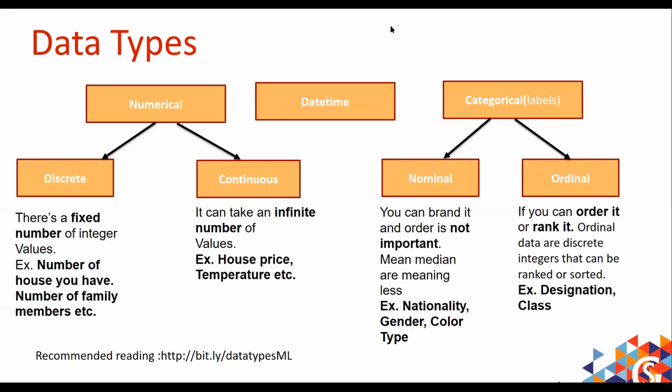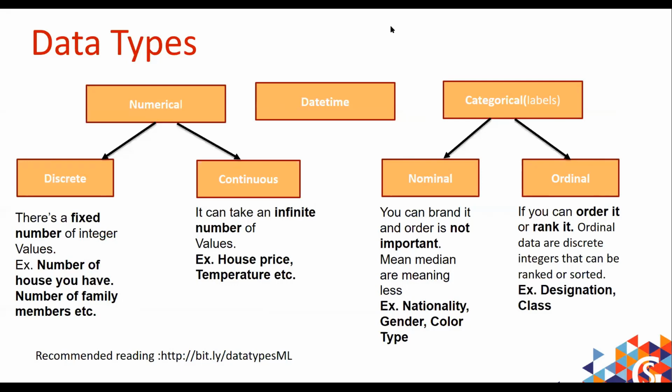What do we mean by discrete numbers? Numbers which you can count. For example, how many houses you have, how many sessions you have attended for DataPlatformGeeks, how many family members are in your house, or how many cities you have visited so far. When you get a count, that is called a discrete value.